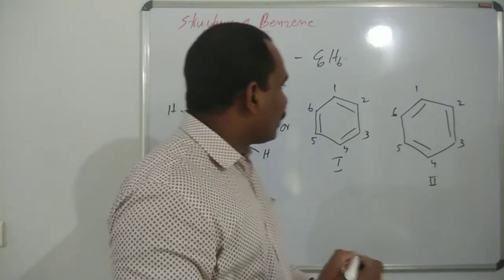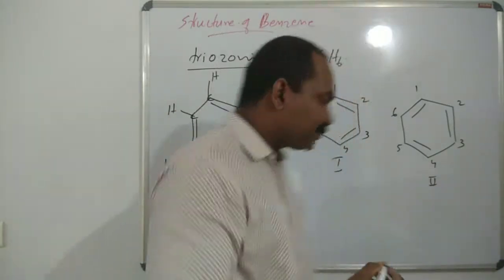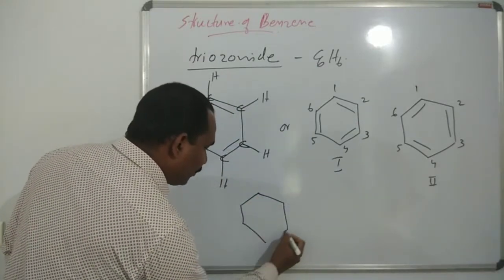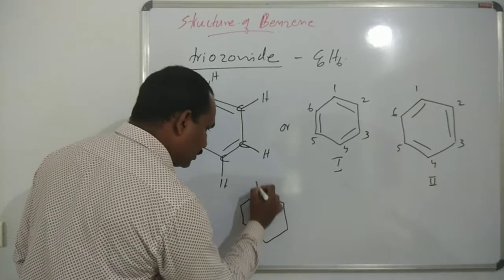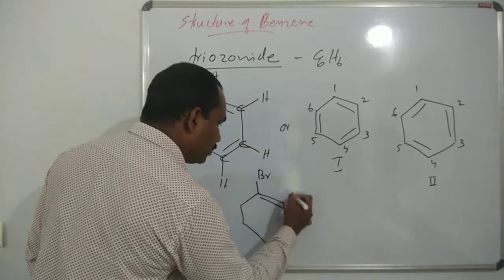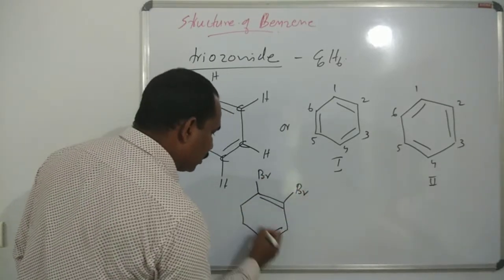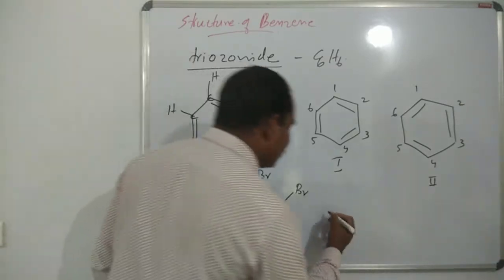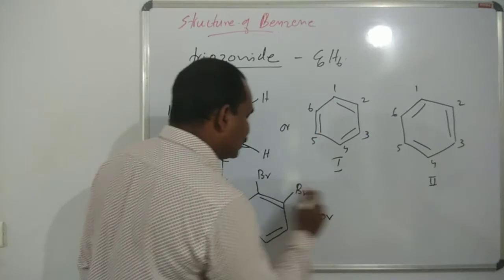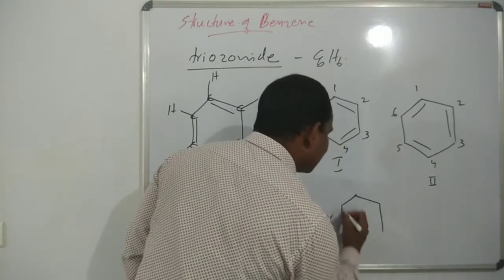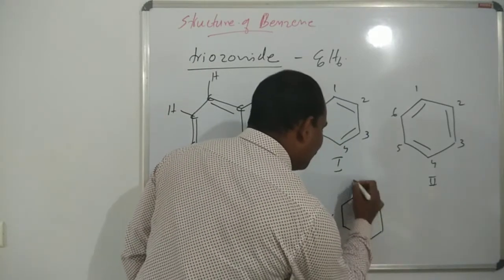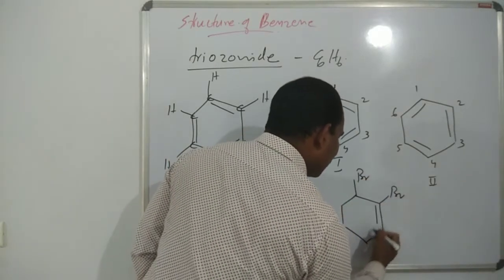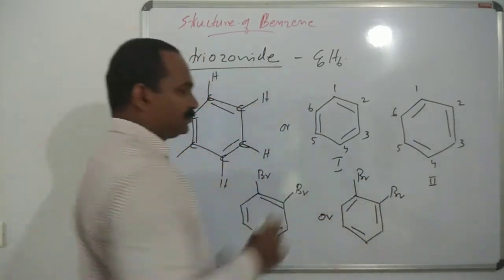And in chemical studies, 1,2-dibromobenzene has 2 possible structures. The first one is this one, and the second one has Br, then the bond is like this.